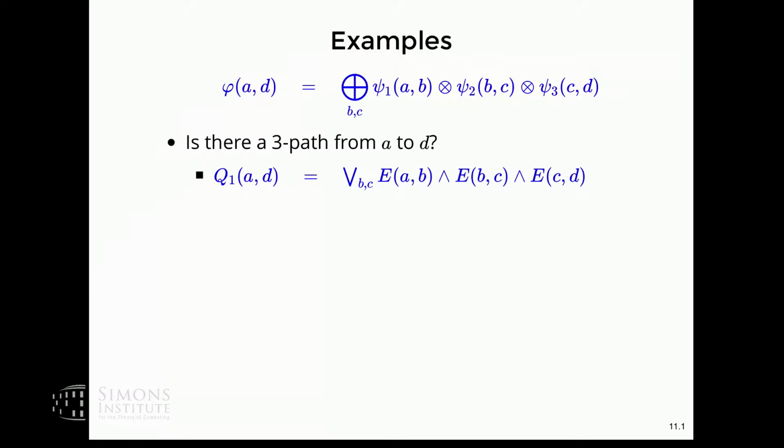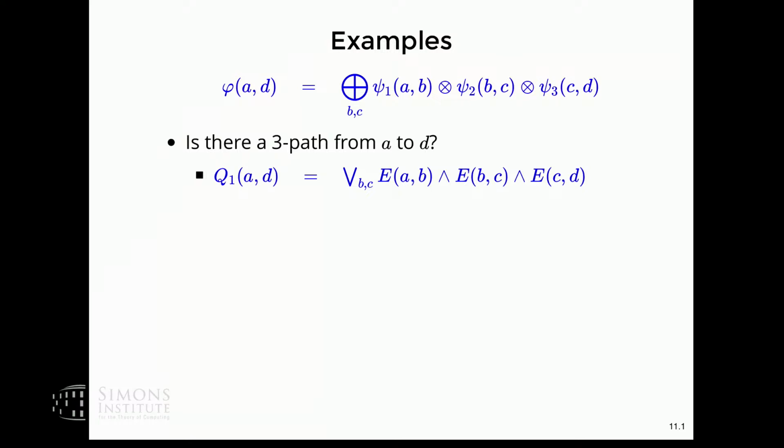The product of the semi-ring becomes the and, and the summation becomes basically the or, the exists. And now this query returns whether A and D have a 3 path from A to D.